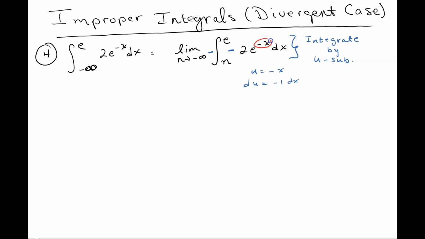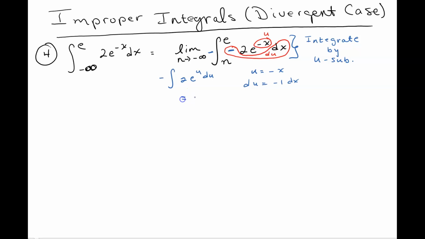So let's say that this right here is our u, and this right here is du. So we have a negative and then we've got a u, du, and that's what we're going to integrate. Let's do that little work off to the side. We have the negative integral of 2 e to the u du.